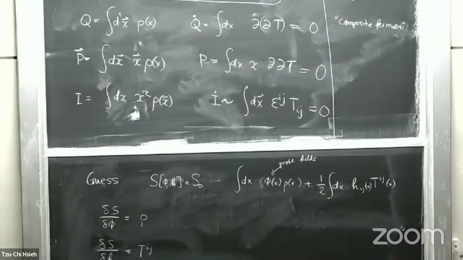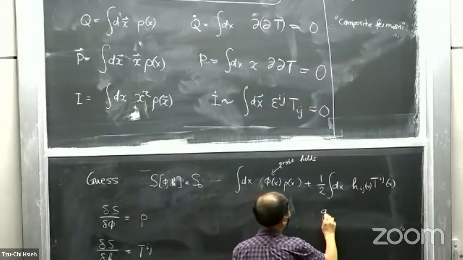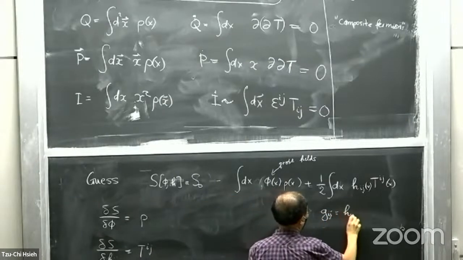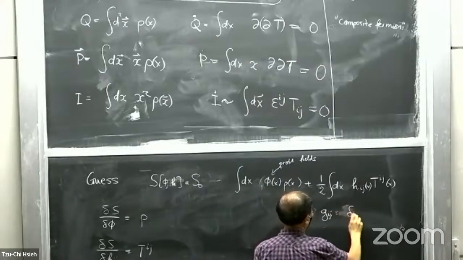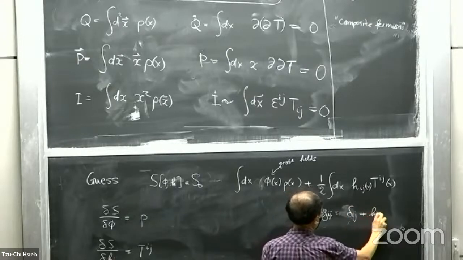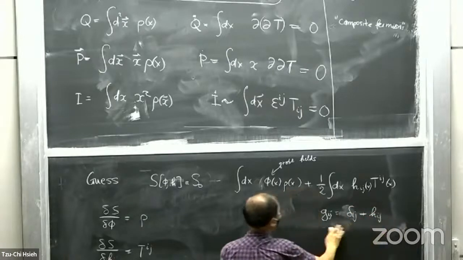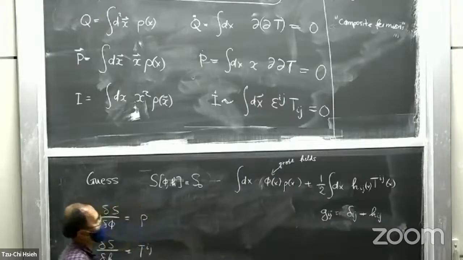And the thing that multiplies the stress tensor should be the metric, that's why I call it H_ij. H_ij is the deviation of the metric from the flat metric. So I have some small background perturbed metric, and that metric is coupled to the stress tensor.